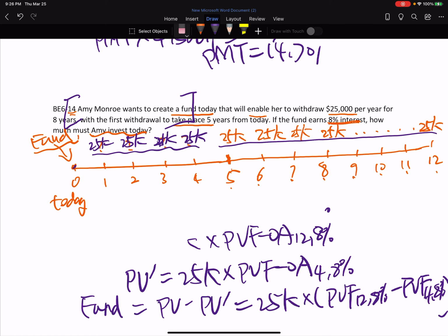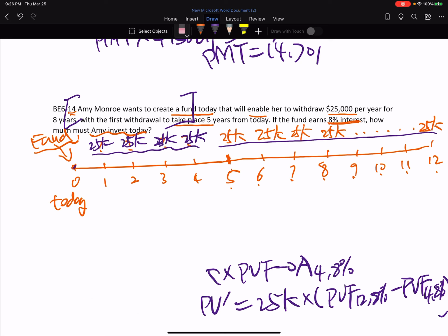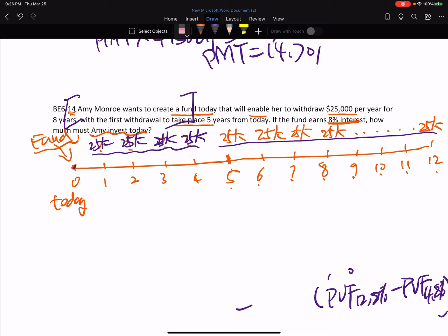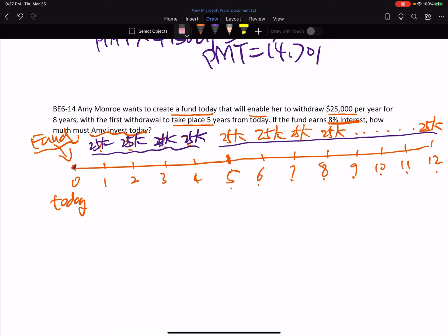Okay, we still have another method. Because the first withdrawal happens at 5, we don't need to create these fake payments. What we do is, if we consider 4 as 0, then 4 will become the starting point of this annuity.